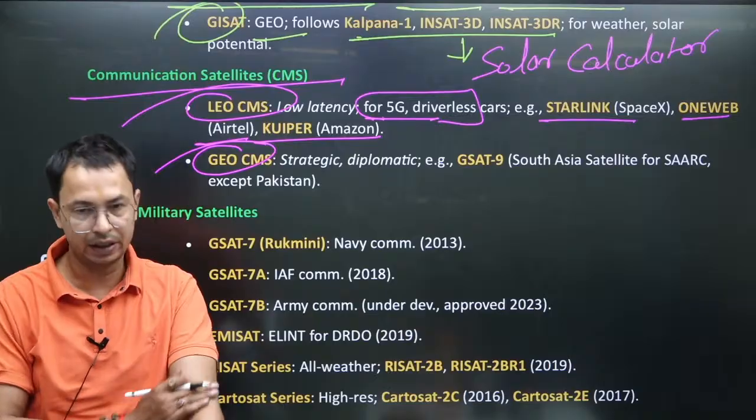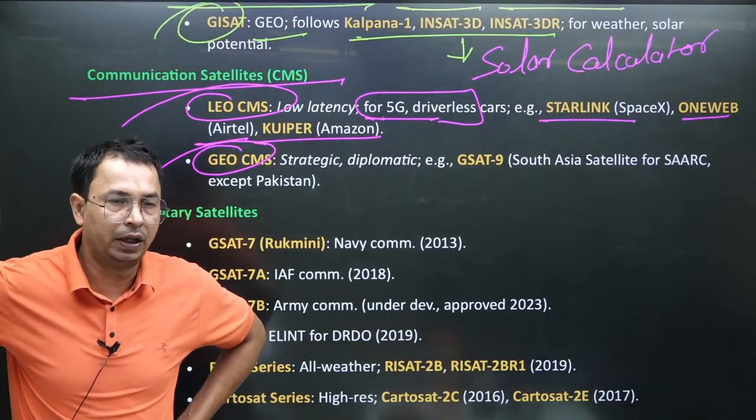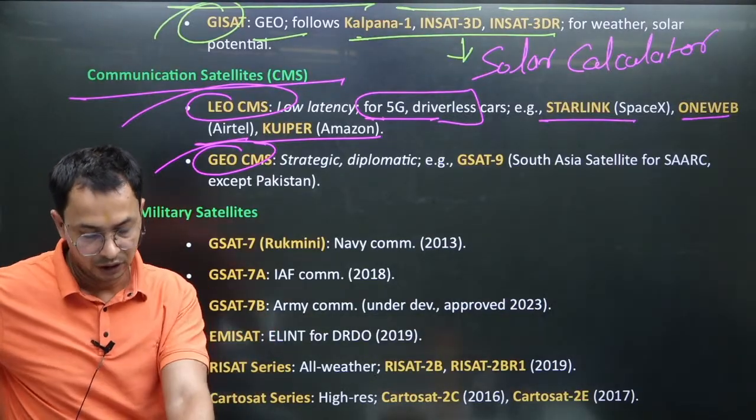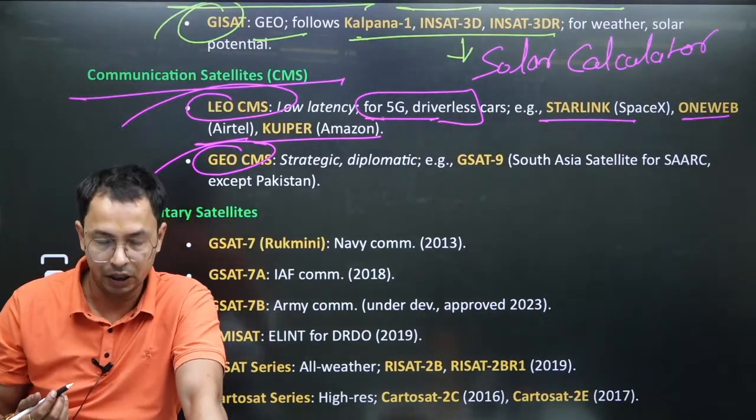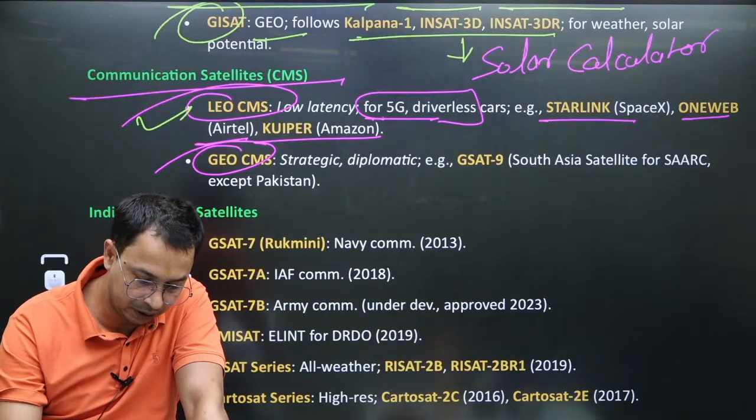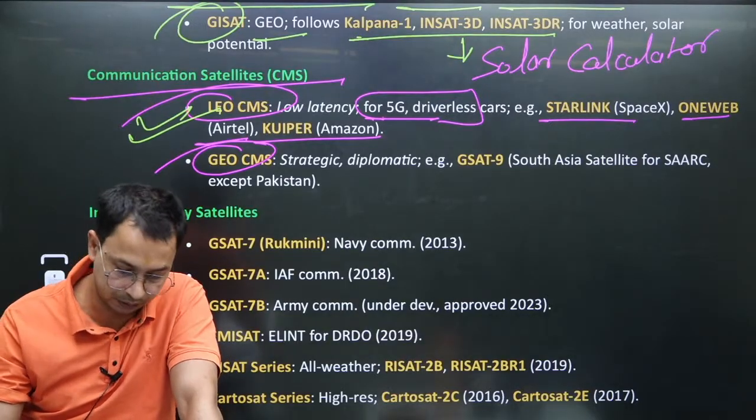So if the country is not connected with the fiber optic cable, then it will be difficult to have 5G services, and this lacuna of the internet will be fulfilled by the space internet. Those satellites will be in the low Earth orbit.